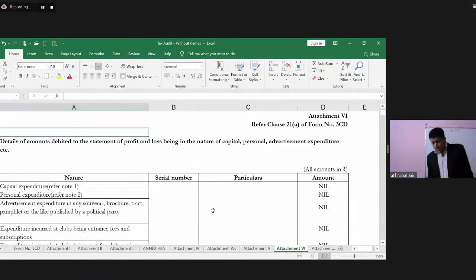Now, an expenditure in respect of something which is personal in nature may be very, very difficult to track.